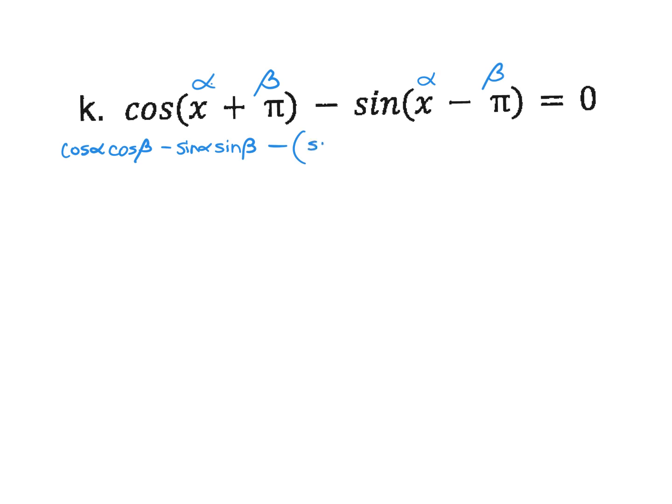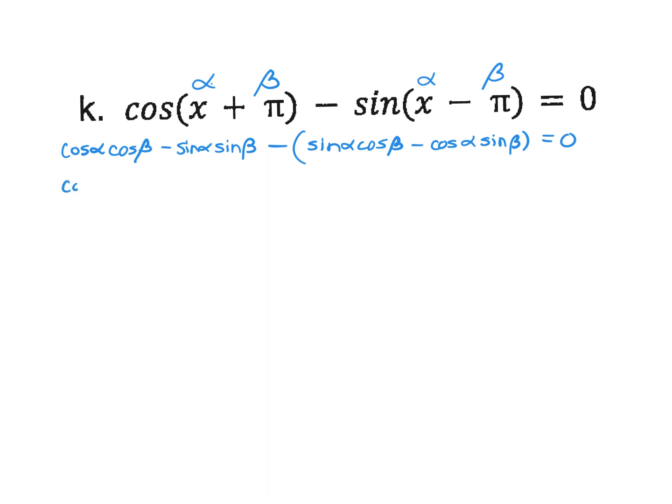Now this one's not going to be as easy because sine alpha minus beta is sine alpha cosine beta minus cosine alpha sine beta, isn't it? None of these match, so we just got to plug in. So alpha is x and beta is what?